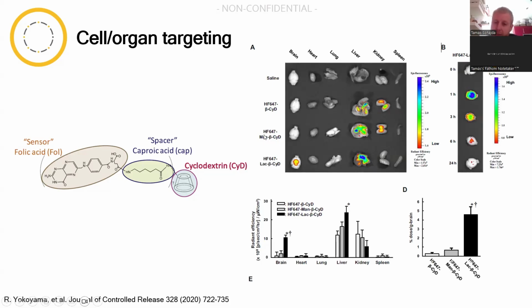And as you can see, such tagged cyclodextrins can target and accumulate in certain parts of the body. Through sugar receptors, lactose appended cyclodextrins can enter the brain, or they can accumulate in the liver, kidney, where technically you can target any kind of organ or cell type if you have a good receptor.